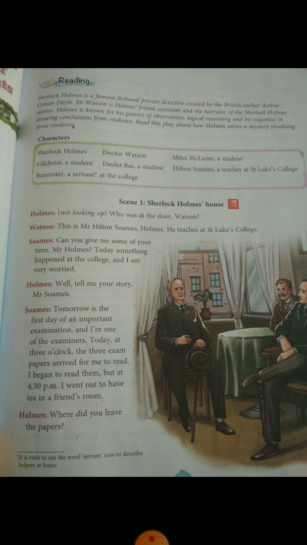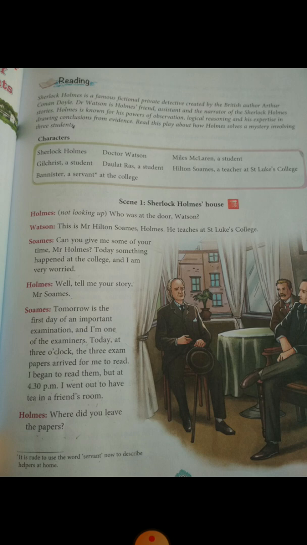At 4:30 p.m., he wants to take tea, so he goes to his friend's room and locks his room with his key. But when he comes back, he sees that there is a key in his door. He thinks, did I leave my key here? Then he checks his pocket, but his key is in his pocket.